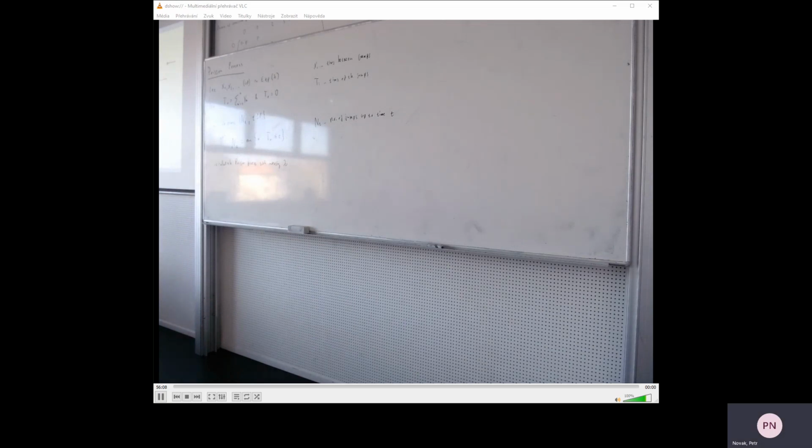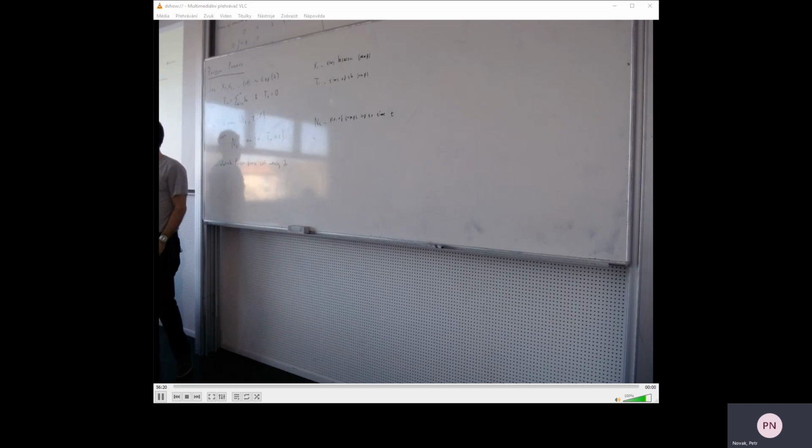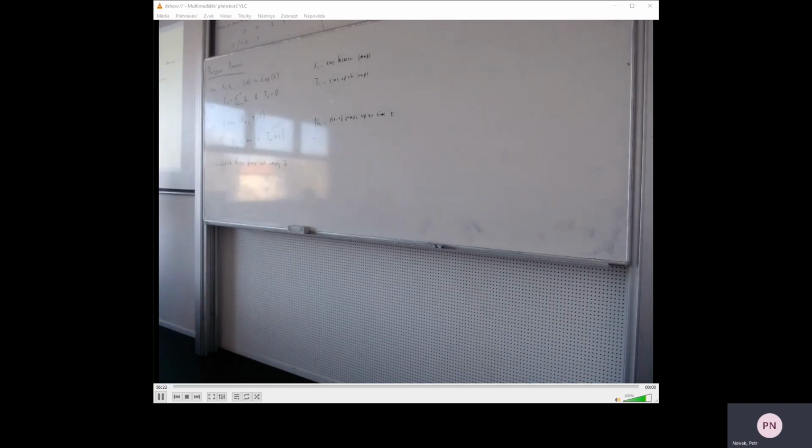Now, it can be shown that the process can be defined from the other way, not using the times between increments, but the distribution of the process at some given time.